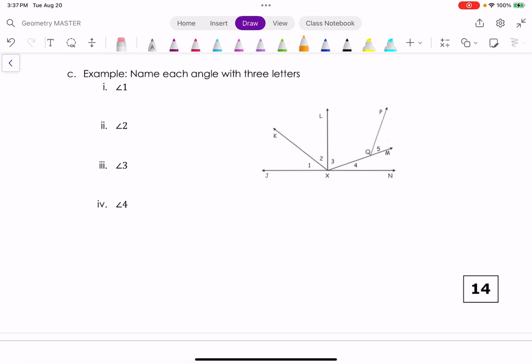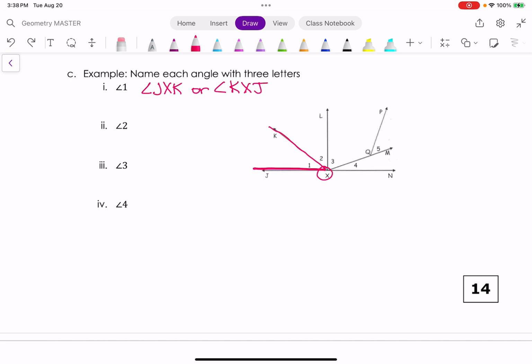So angle 1 is what I'm going to look at first on here, and this is angle 1 right here. Angle 1 would be named angle JXK or angle KXJ. The important thing is that the X is the vertex.